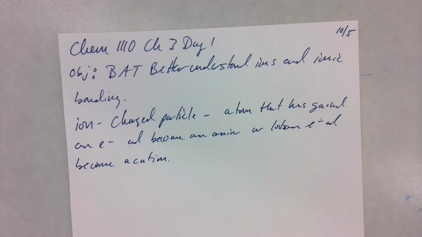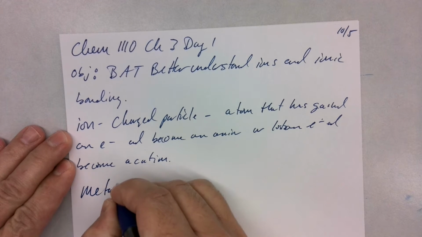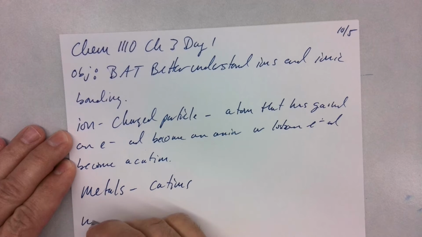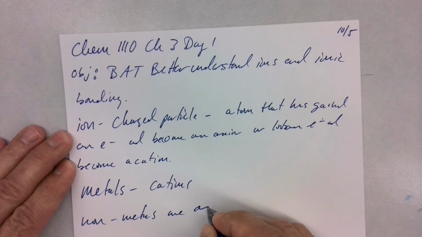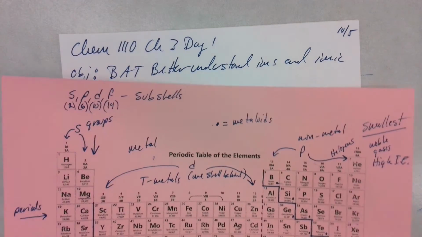Now, traditionally, metals are cations. Okay? Non-metals are anions. Okay? This is when the steps become really important.